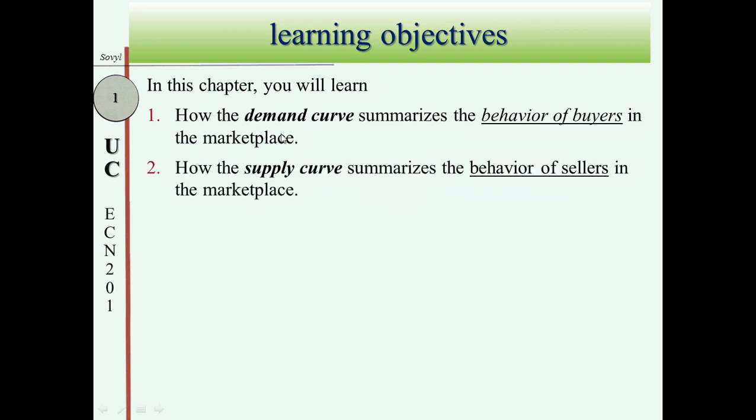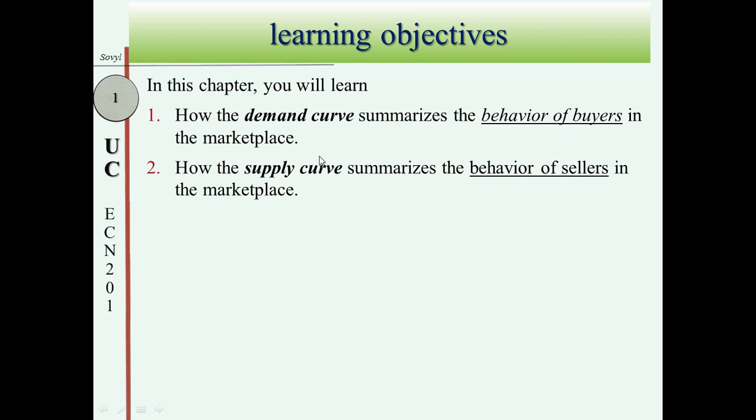Okay. Number 2. How the supply curve summarizes the behavior of sellers in the marketplace. How the supply curve summarizes or describes the behaviors of sellers, producers in the marketplace. Once again, before you answer the question, you need to understand the supply curve.